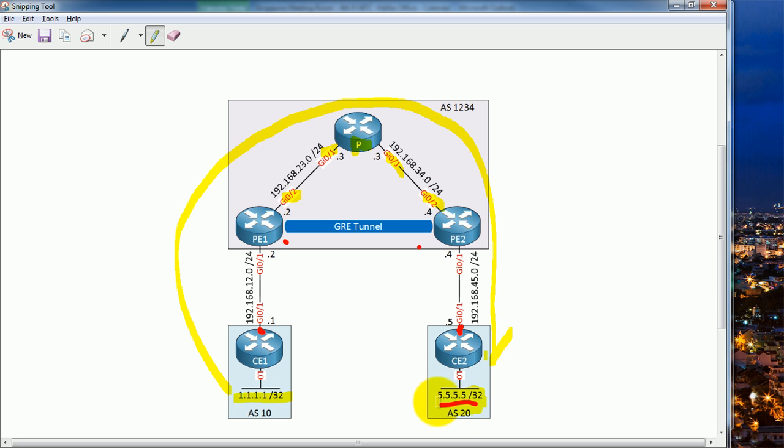We can see that it's known via BGP. Of course, distance, metric, and the last update, routing descriptor block.